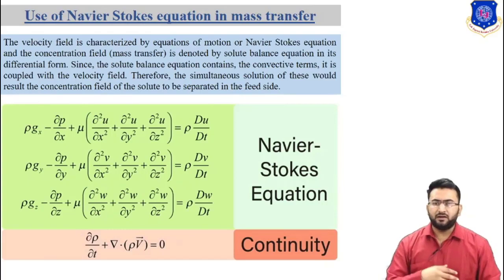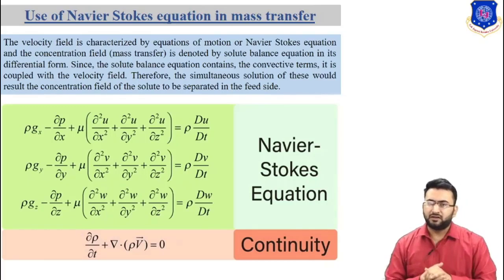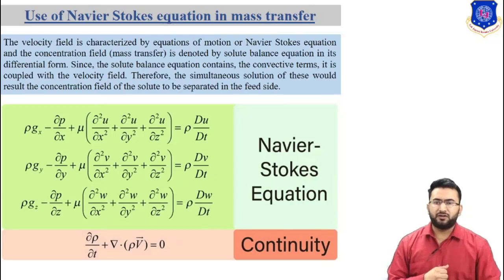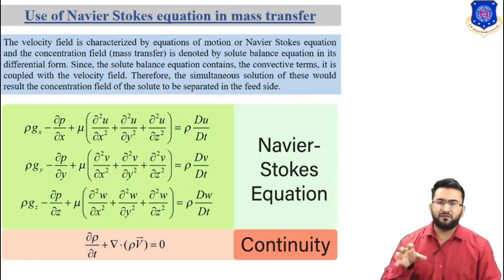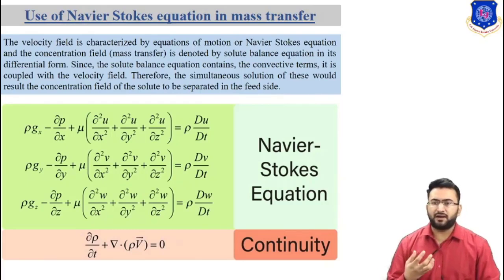The interface between the two flowing systems affects the mass transfer of species either through the equilibrium relation or transport law through the interface. In order to get the mass transfer, the velocity field has to be solved in conjunction. The velocity field is characterized by the equation of motion or Navier-Stokes equation, and the concentration field is described by the solute balance equation in different forms.